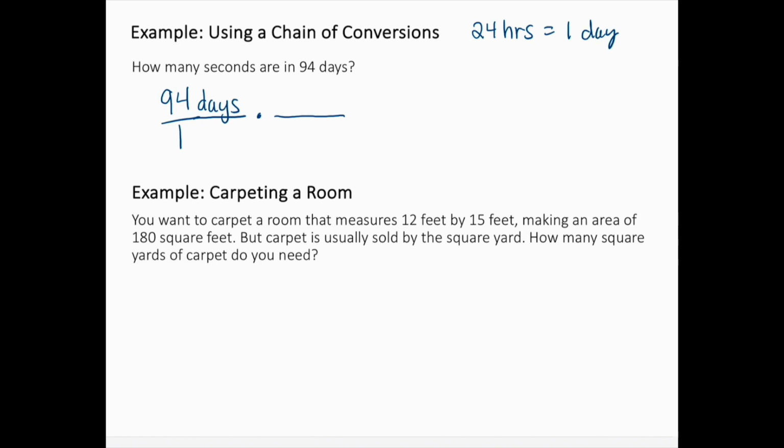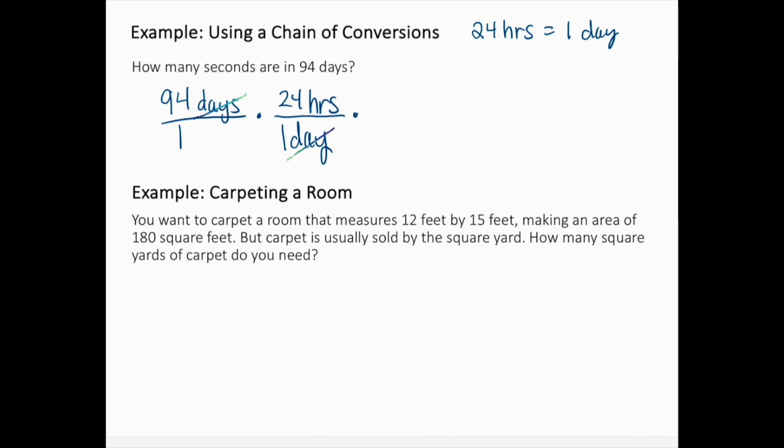We don't want days in our answer, so I'm going to put 1 day on the bottom, and I'm going to put 24 hours on the top. So now I got rid of days. If I were to multiply this out right now, my answer would be in hours because that's the only unit I have left. But we don't want hours, we want seconds.